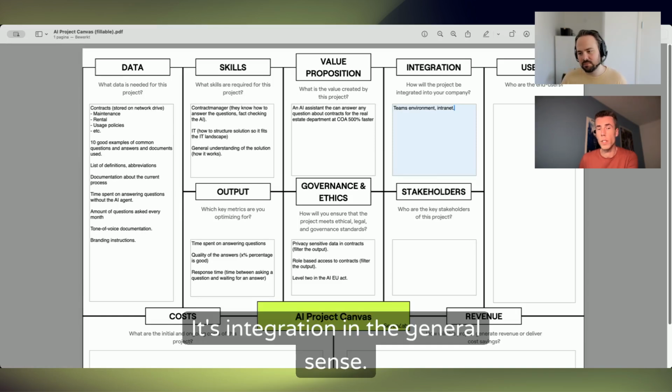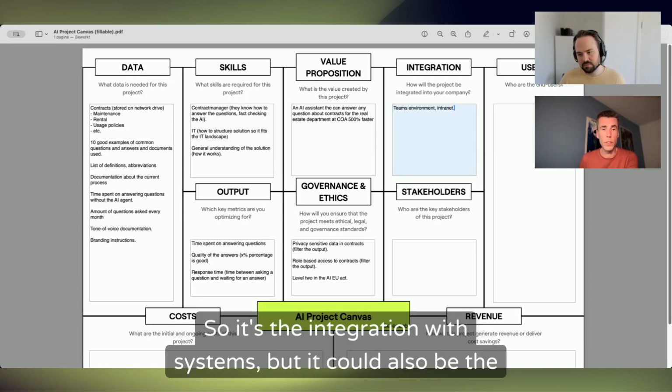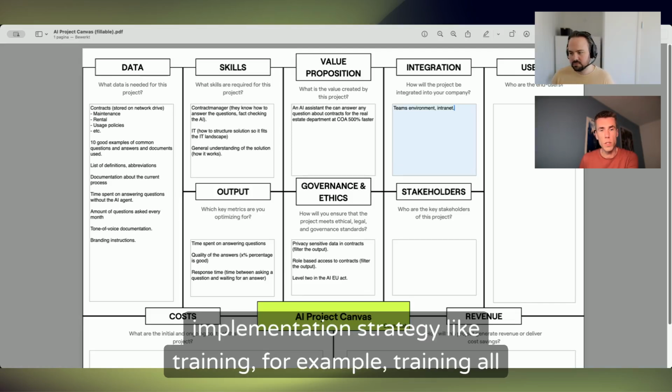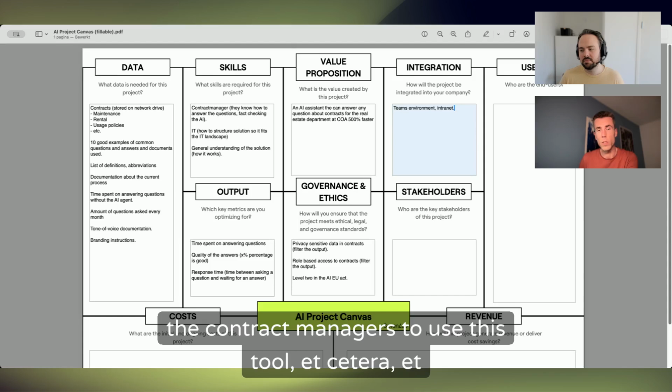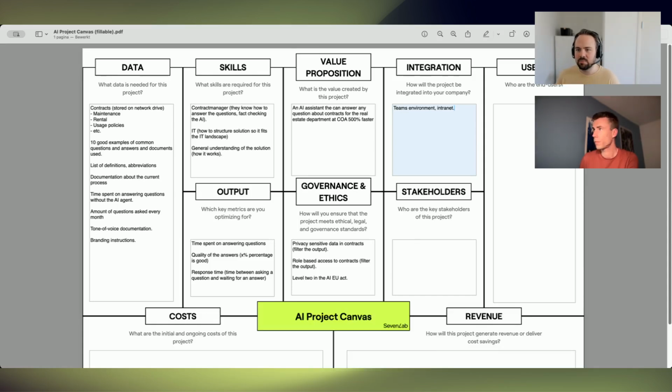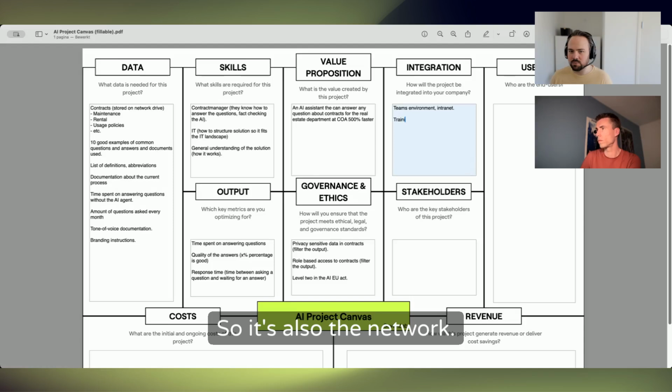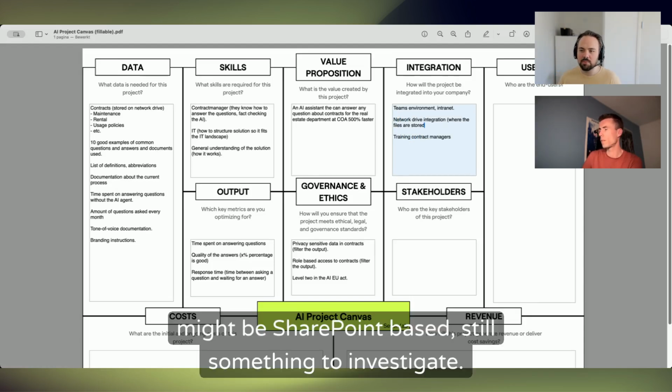It's integration in a general sense. So it's the integration with systems, but could also be the implementation strategy, like training all the contract managers to use this tool, etc. So it's also the network drive. Might be SharePoint based, still something to investigate.